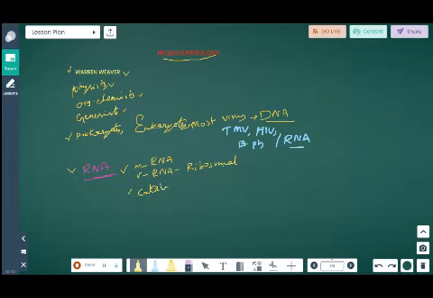In the catalytic role, RNA acts in the form of ribozymes. A ribozyme is an enzyme. 23S rRNA acts as an enzyme, that is called a ribozyme. And lastly, as an adapter molecule, it acts as tRNA.